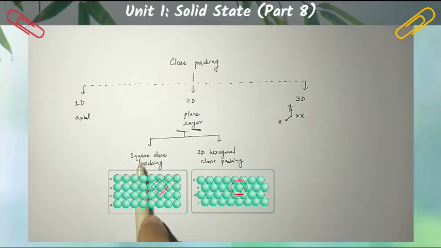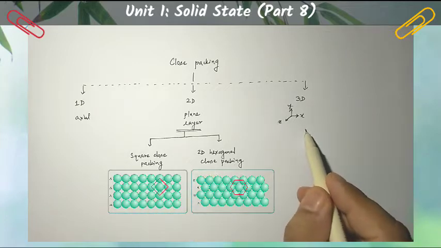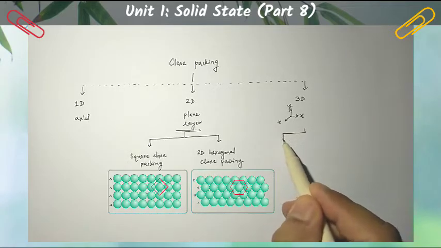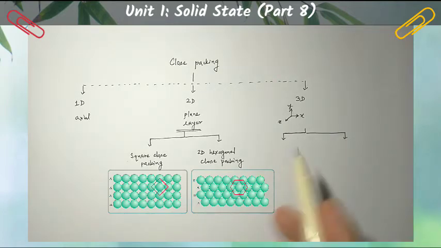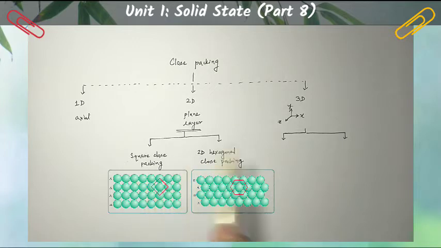So on the basis of these layers, we have what? Two types of layer now. One is square close packing layer, and another is two dimensional hexagonal close packing layer. So we have mainly two different types of three dimensional close packing on the basis of this layer. In first case we're going to use only the square close packing.